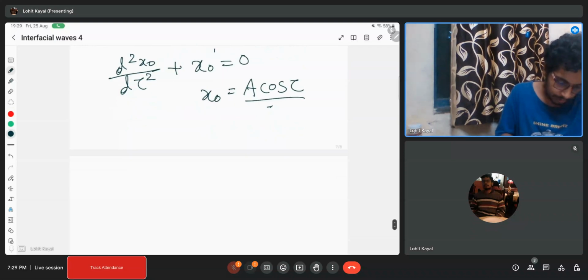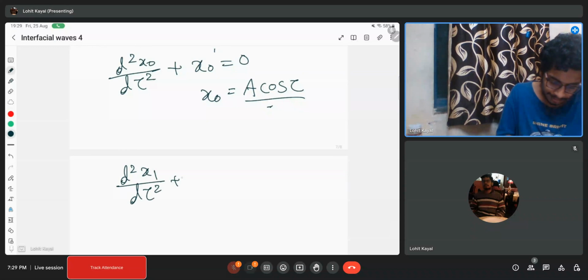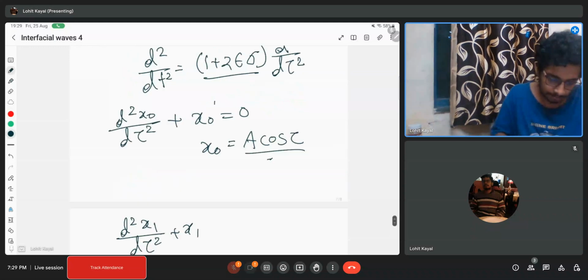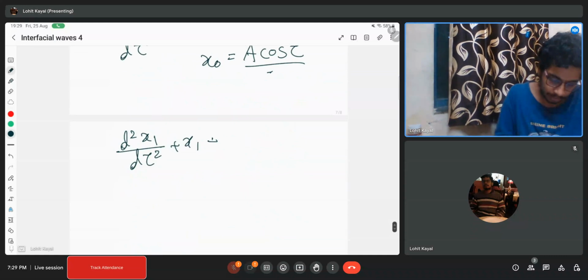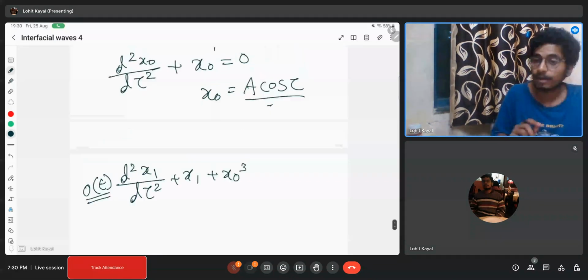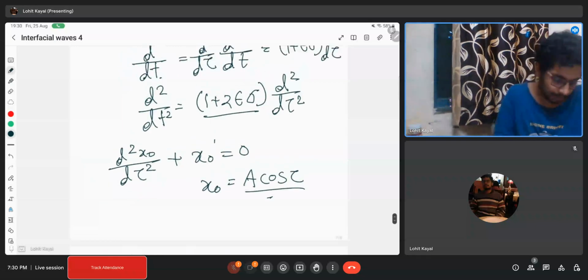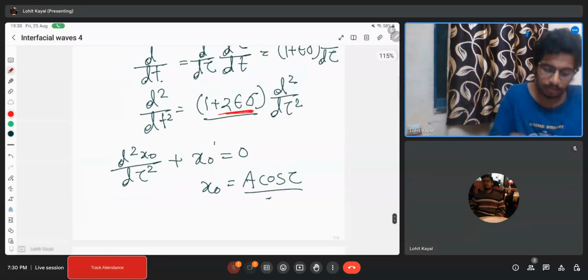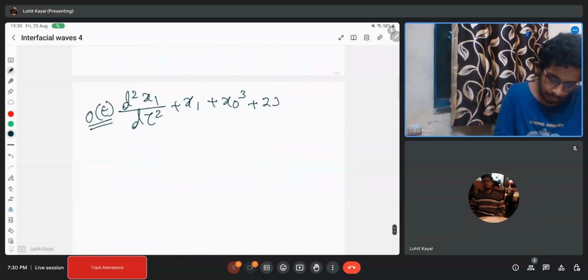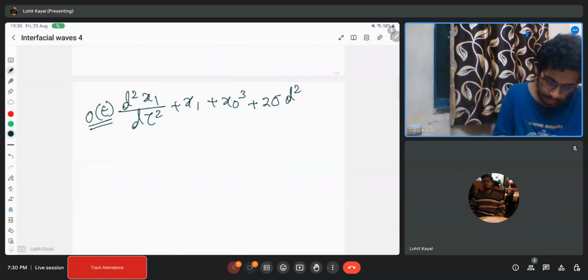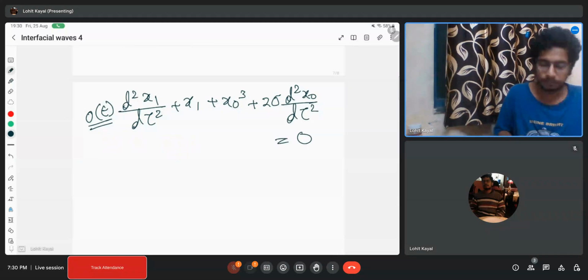Now the second order solution, we will have d square x1 d tau square plus x1, right? This is a simple case, but there is one additional term, that is x naught cube, that is in order epsilon. But remember, there will be one more term here, because that is coming from this term. So that will be plus 2 sigma d square x naught d tau square equal to 0.